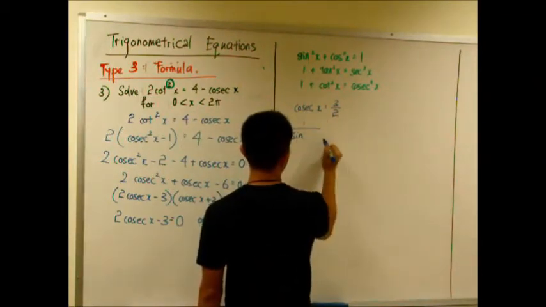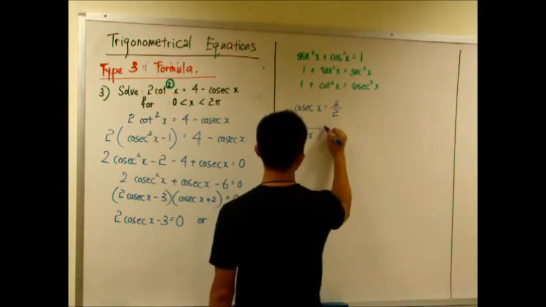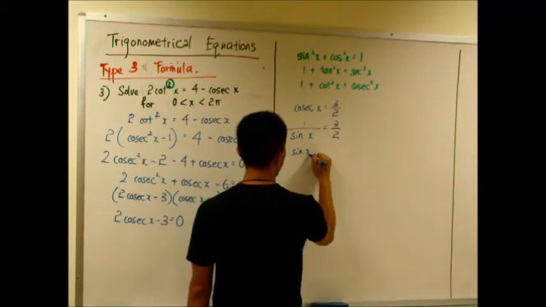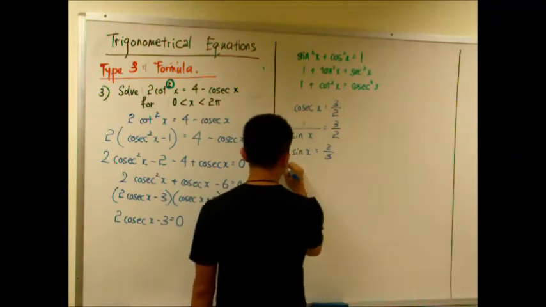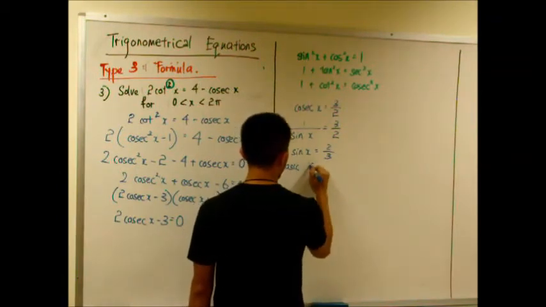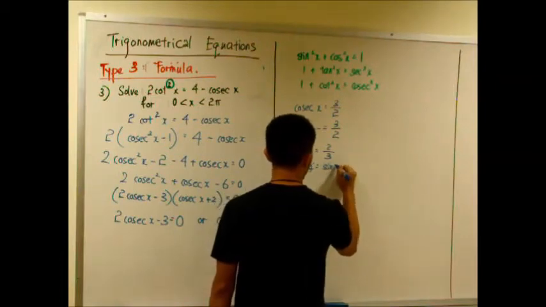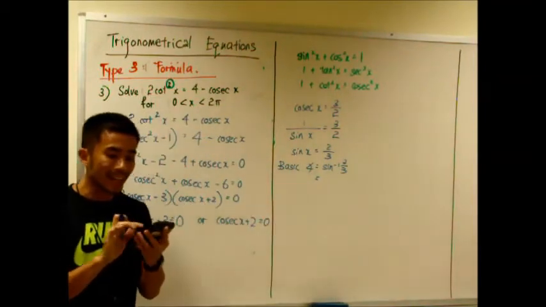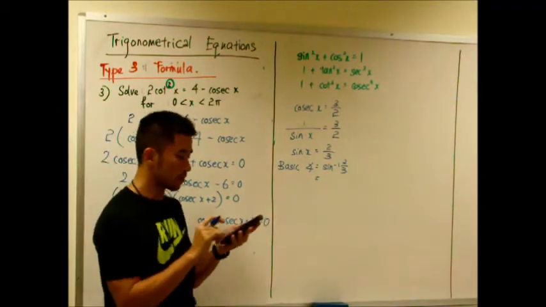Cosecant can be written as 1 over sine. I want to make sine my subject. After that, the use of basic angle. Take note, check that the mode of the calculator is actually at radian mode.